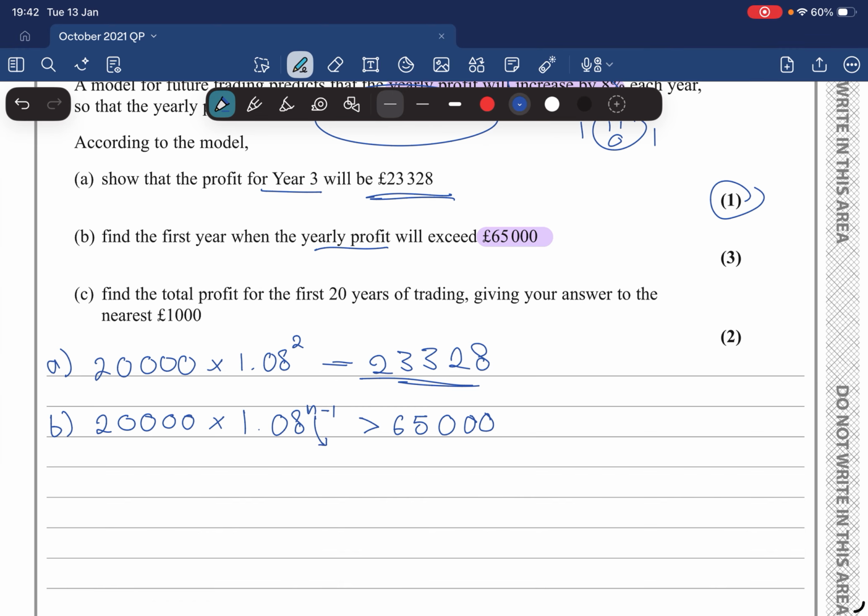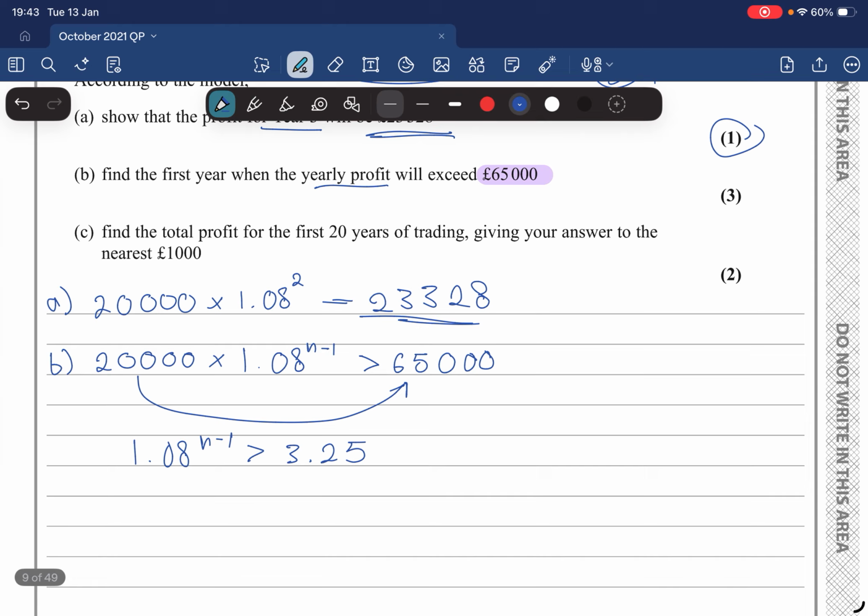We know n is the number of years, so we need to work out the number of years where it exceeds 65,000. We can just divide both sides by 20,000, which gives us 1.08 to the power of n minus 1 is greater than 3.25.